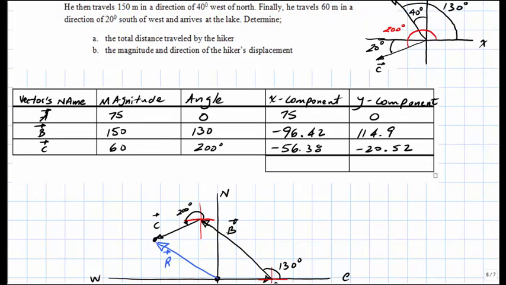Okay, I'm calculating negative 77.8 for Rx, and let me just define this as R sub x. So again, R sub x equals negative 77.8, and for R sub y, I'm calculating 94.38.